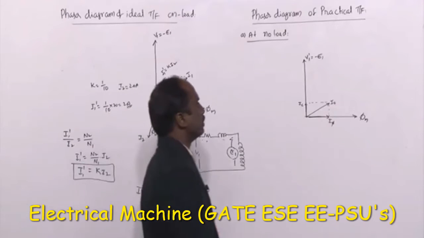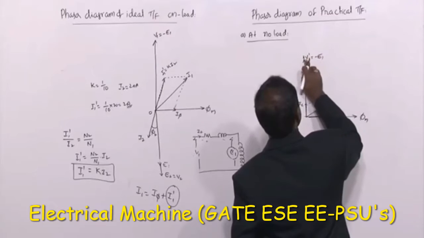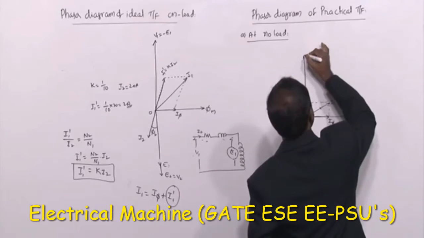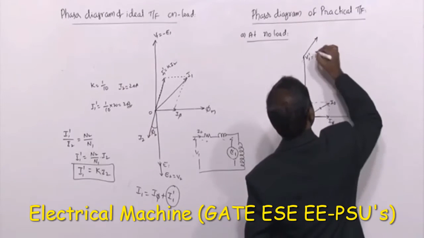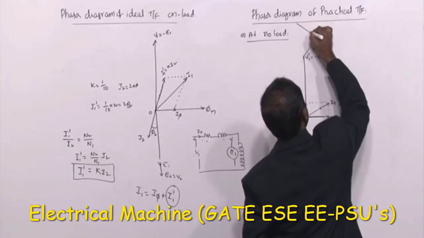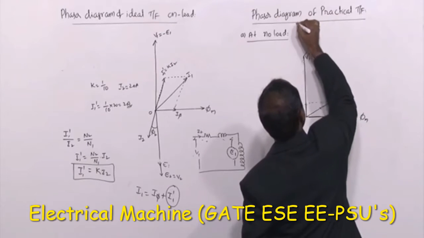So what is the drop here? Here this is V1. In phase with this I0, there is a drop I0 R1, and perpendicular to this there is a drop j I0 X1.